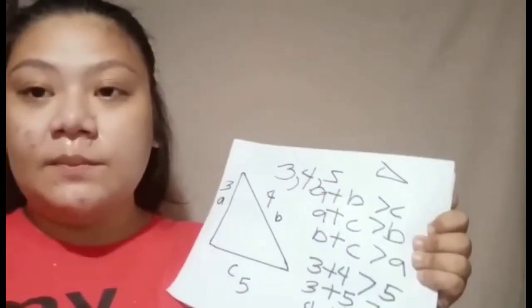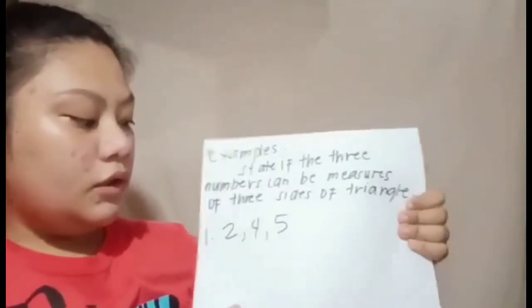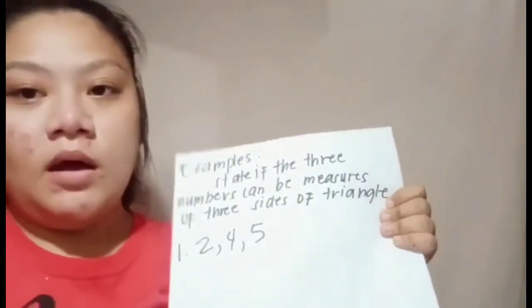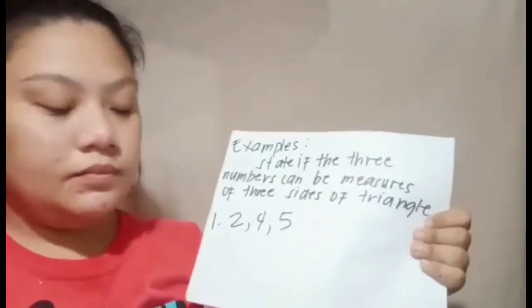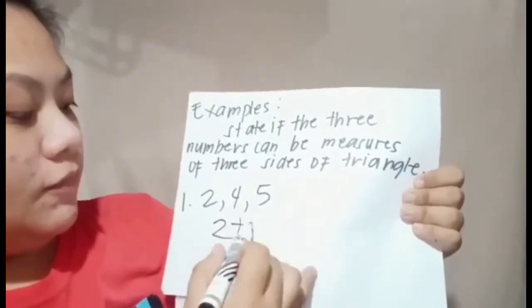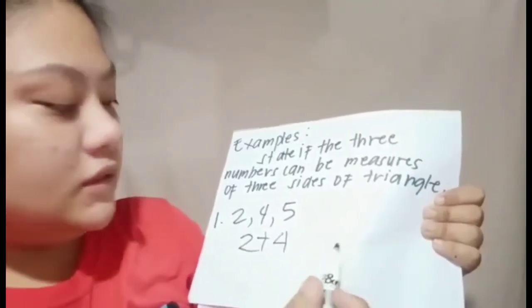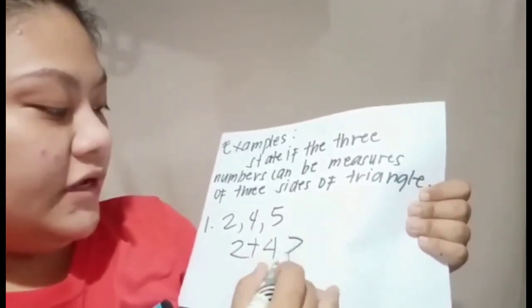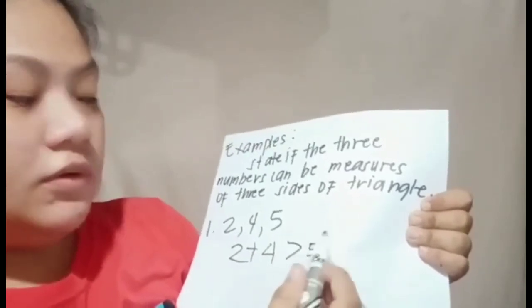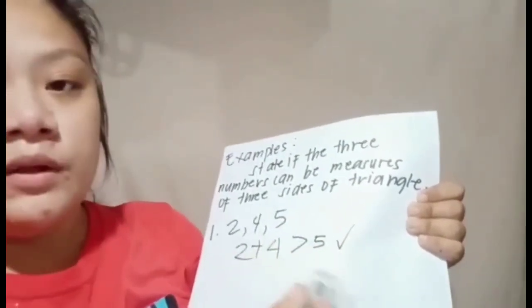Para mas maintindihan pa natin, gagawa tayo ng mga example. So, magbigay naman tayo ng example kung itong tatlong number na to ay makakabuo ng triangle. 2 plus 4 is equal to 6, diba? Kaya greater than 5. Kaya tama na makakabuo yan. Pero hindi lang yan, diba?